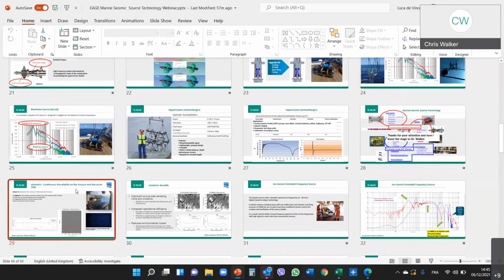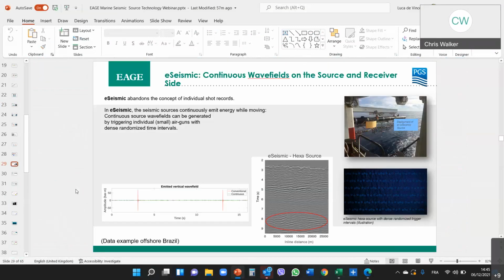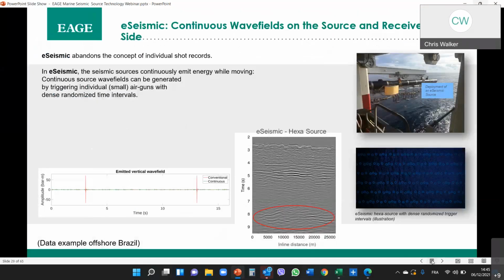If we go back to this slide, I think it's because although it's the same number of air guns being used, they are being fired over a much longer time interval than the conventional air gun array, so you end up getting a reduction in the sound exposure level as well as the sound pressure level.